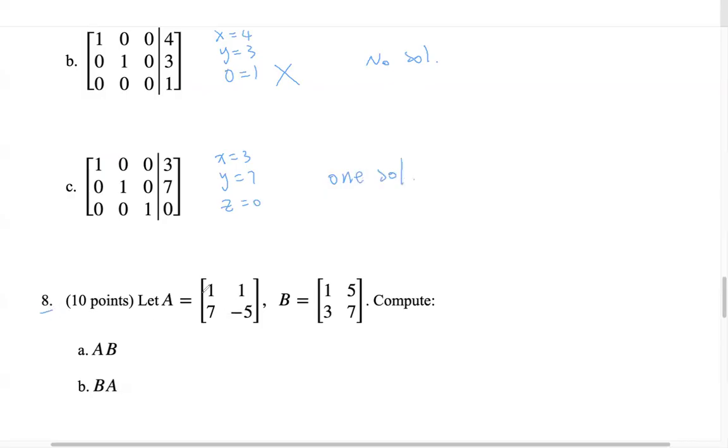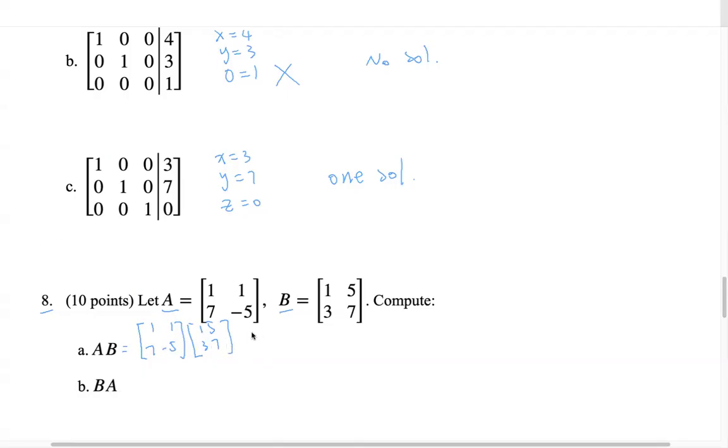Okay, let's see A. We're given a 2x2 matrix A and a 2x2 matrix B. We want to compute AB and BA. Let's compute AB first. So 1, 1, 7, negative 5. That's A. Multiply by 1, 5, 3, 7. Remember when we multiply two matrices, we do dot products.